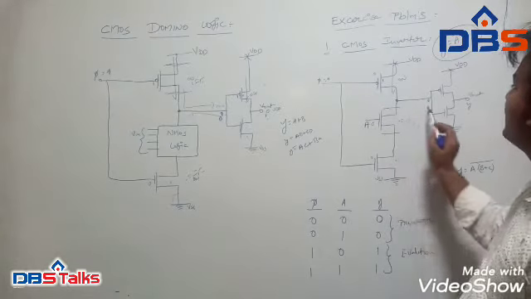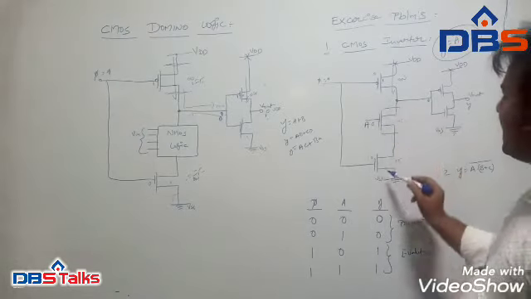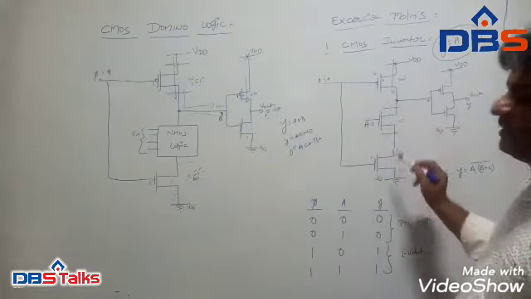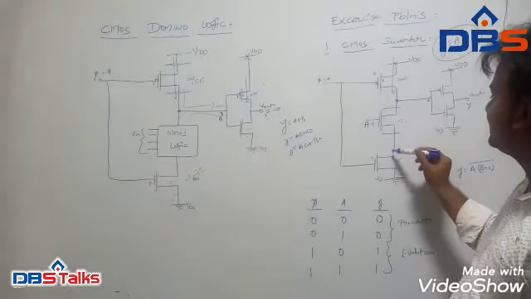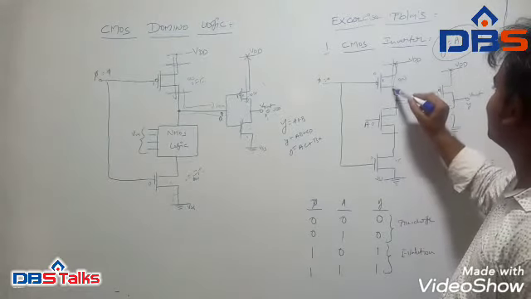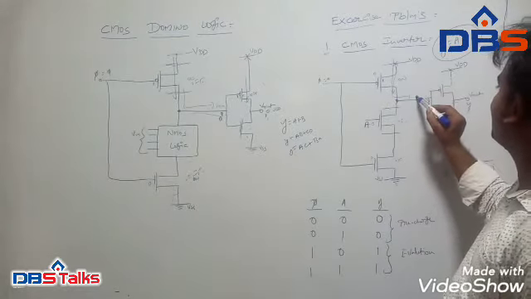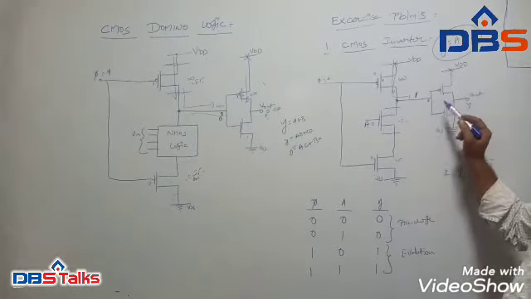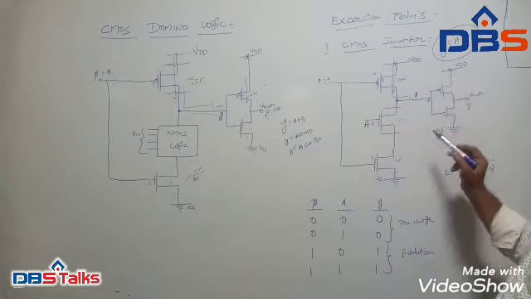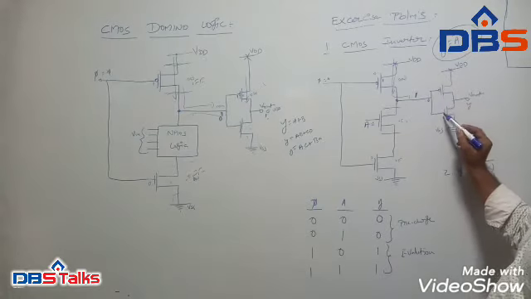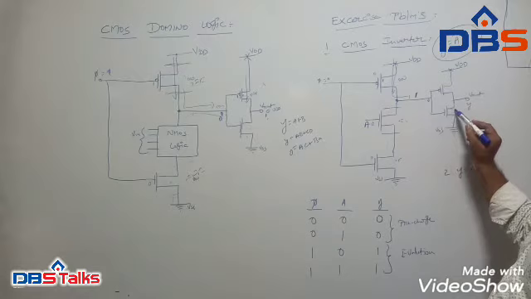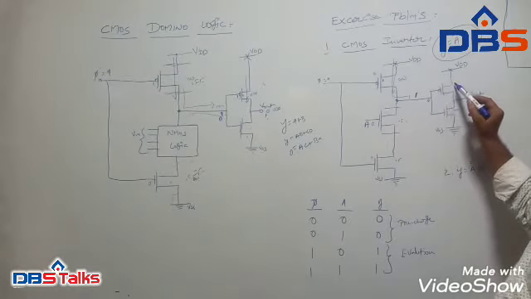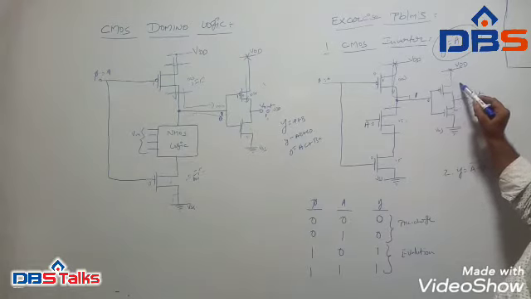Off means A and the evaluation transistor are terminated from the circuit. There is no ground path for this case. That means VDD, the high voltage 1, is followed to the inverter. If the input is 1, the NMOS transistor will be on and the PMOS transistor will be off.